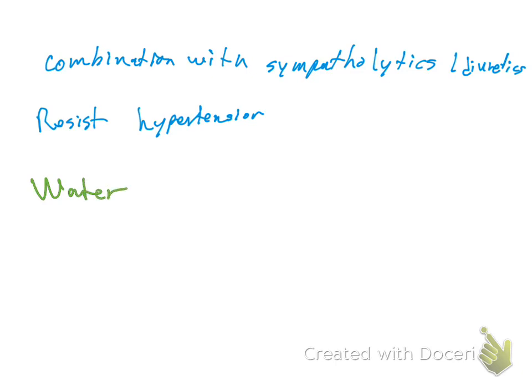Now it is important that we drink water. Why? Because that helps to keep our pressure regulated, because when you are not drinking water, you are suffering more constriction of your arterioles when your volume decreases.